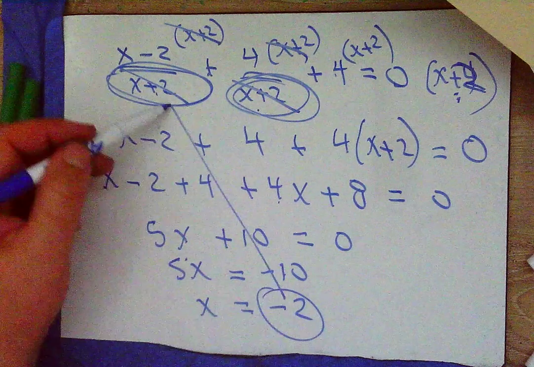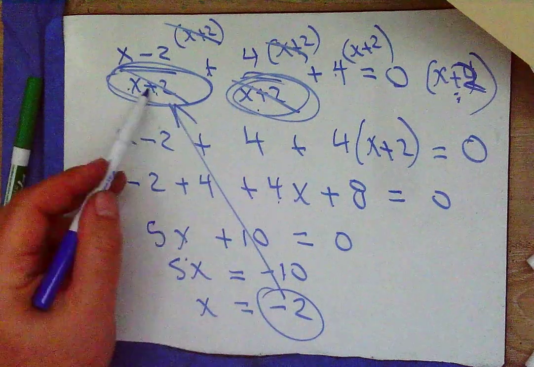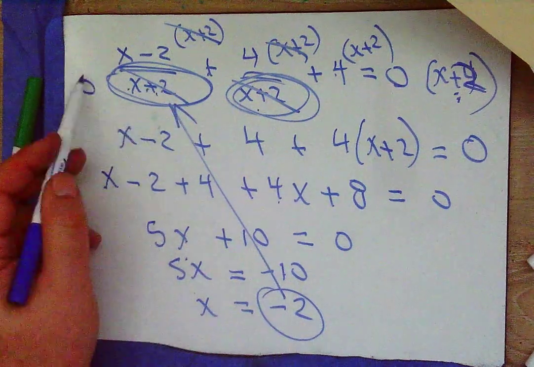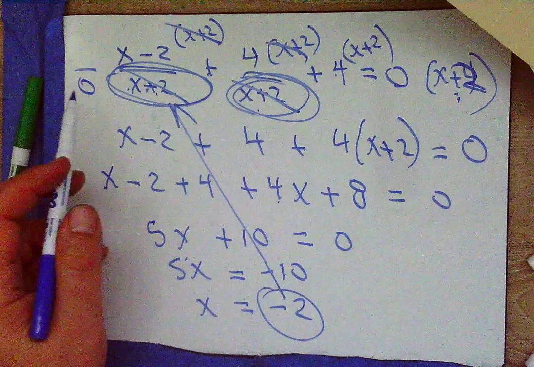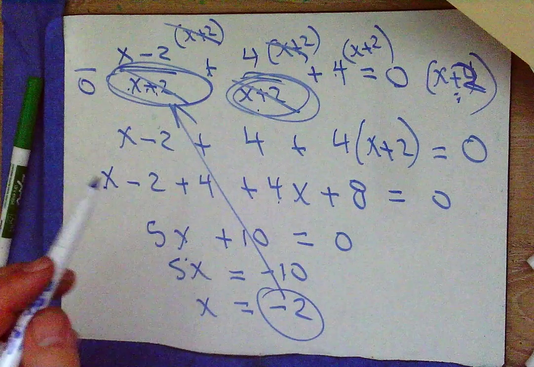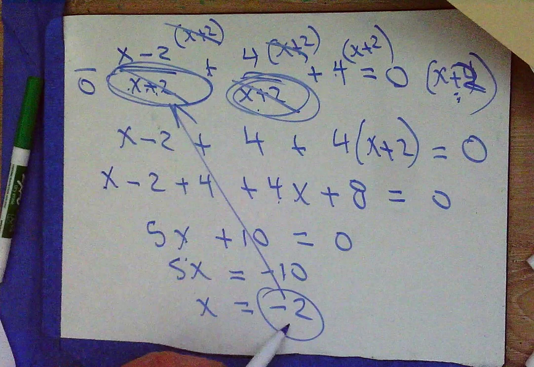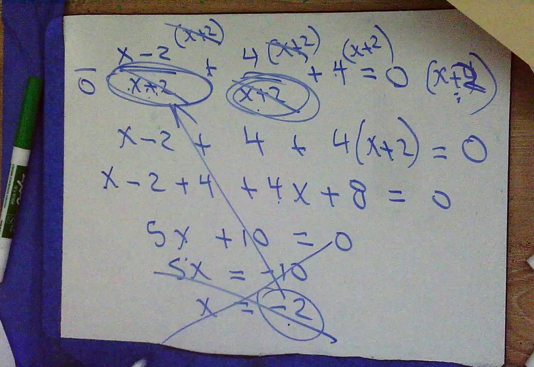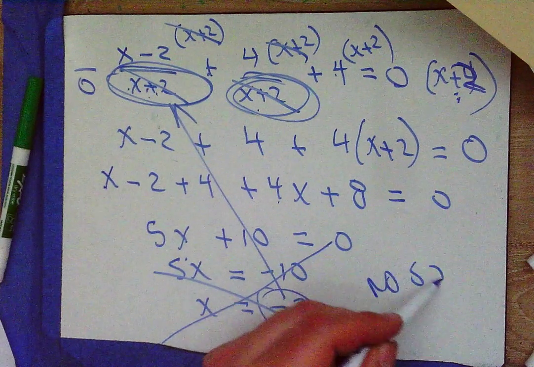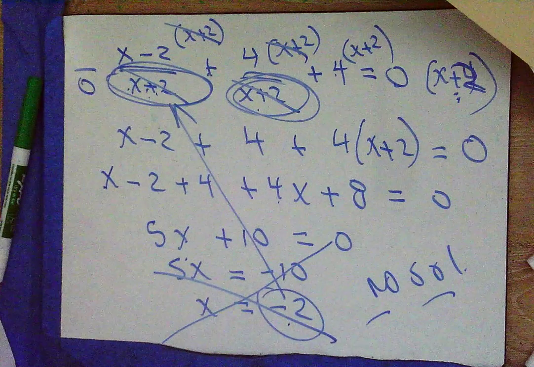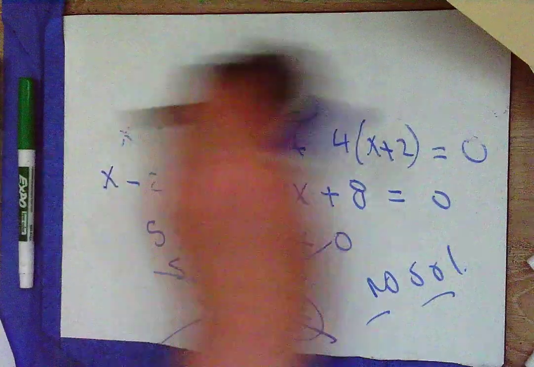What happens when I plug negative 2 in there? Negative 2 plus 2 is, that's right, 0. Can I divide by 0? Oh, I can't have a 0 in the denominator, and that's what I get when I plug in negative 2, and that's why this has no solution. Okay? This has no solution. Remember, denominators. This is a must-check situation.